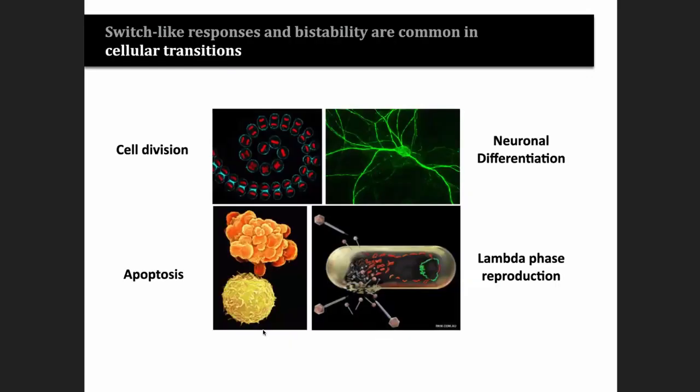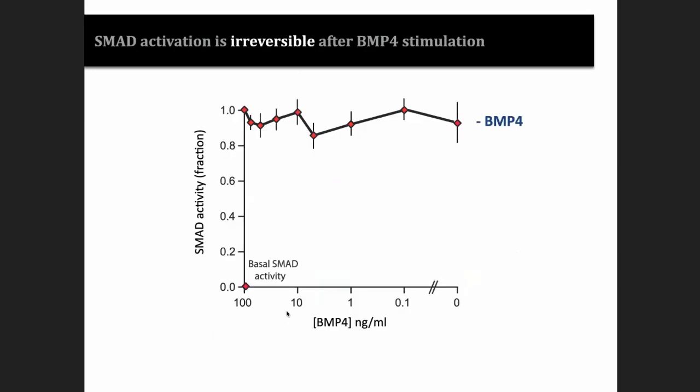Now, switch-like responses and bistability are common in cellular transitions, and for the most part, they give rise to irreversible responses. And indeed, we see this. If we activate the SMAD pathway with BMP at maximum activity, even if you remove BMP to 0, these pathways remain on, showing a degree of irreversibility.